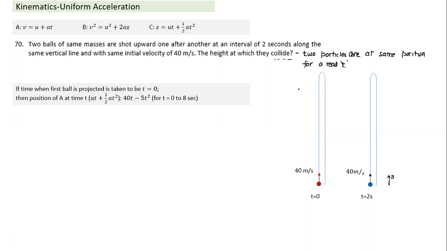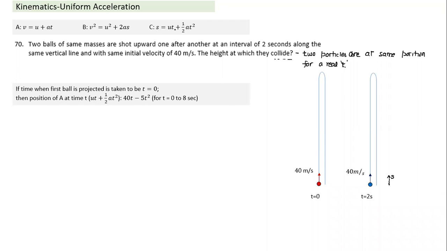If you have to use this condition mathematically, take the time when the first ball is projected as t is equal to 0. I'm trying to solve using position. What will be the position of particle A as a function of time? Its position will be equal to displacement. Since I take this as the origin, displacement and position are the same.